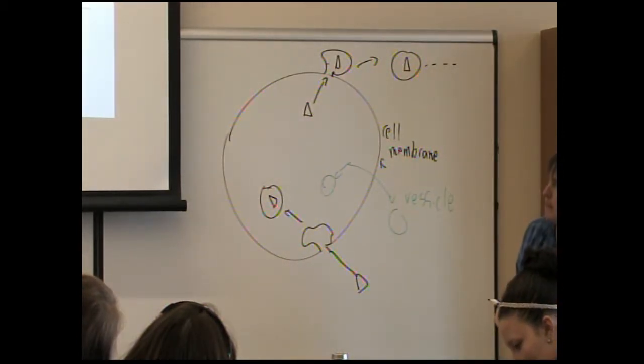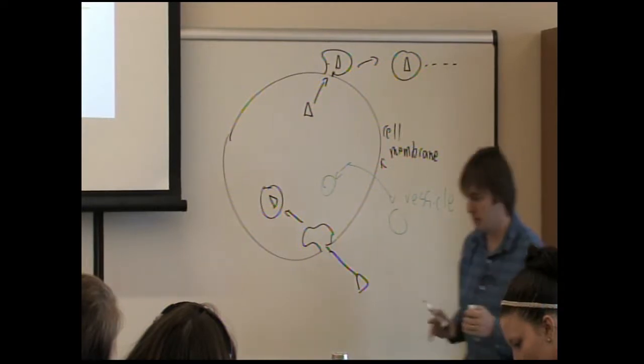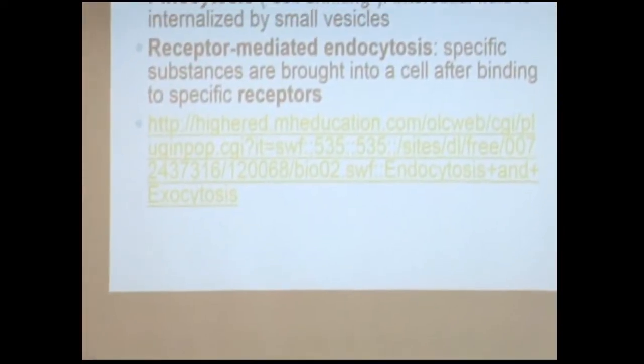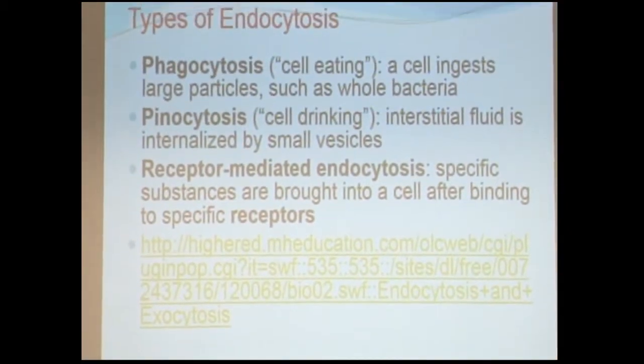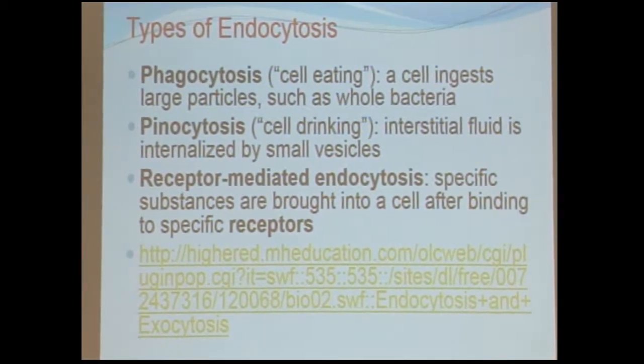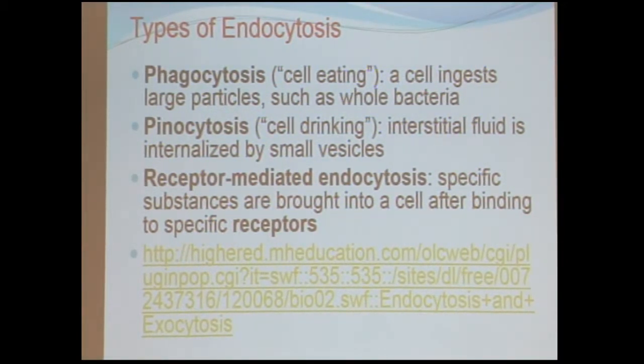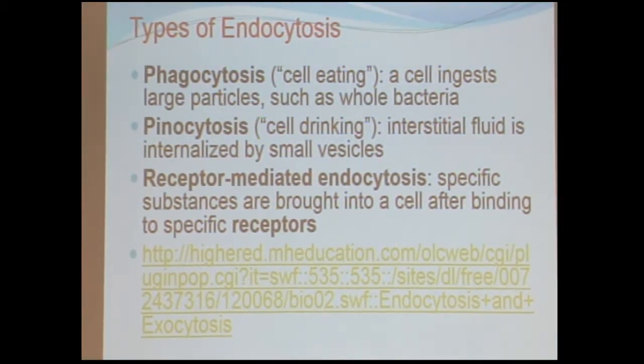And then there's 3 kinds of endocytosis. They all involve a vesicle coming in. But the main difference is phagocytosis. That's if you're eating like a whole bacteria or a virus.